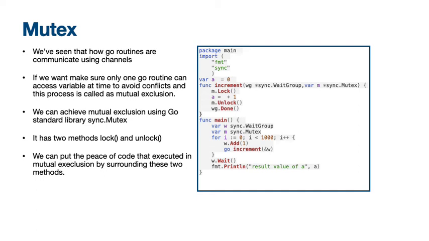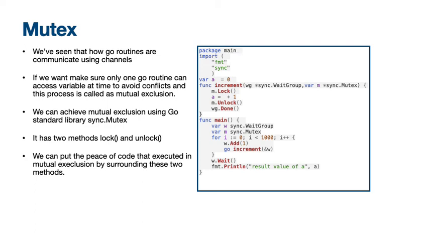What if we don't add this mutex around the expression where we increment the value of variable a? It leads to a conflict, and it encounters a deadlock-like situation where, for example, one Go routine is accessing that variable, and because Go routines work concurrently, another Go routine may also want to access that variable.